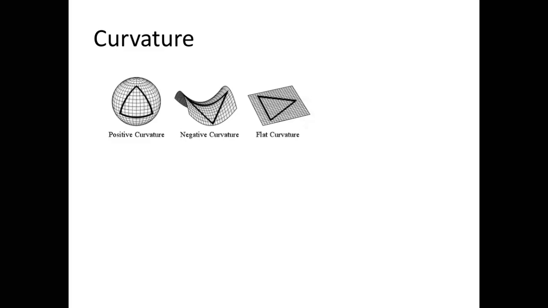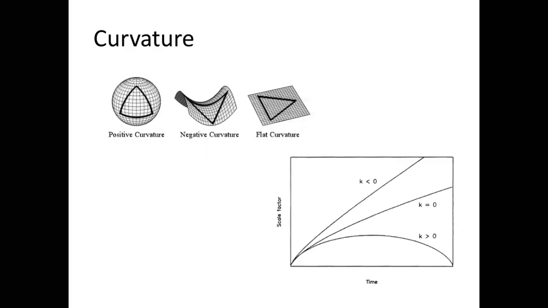Now, why is this important? The curvature of the universe, what does it do? Well, it determines the fate of our universe. You can see it yourself over here in the bottom diagram. When the curvature is positive, the universe will expand to a certain point, where it will implode on itself in a way.